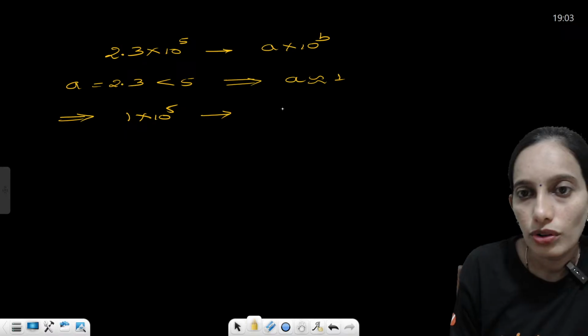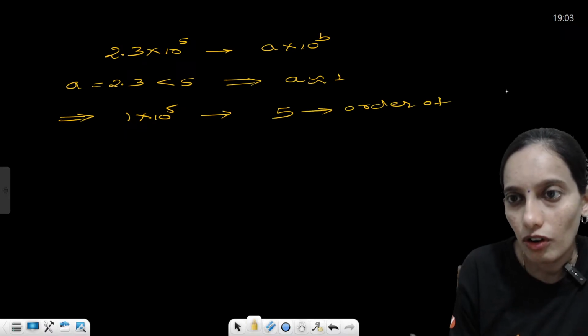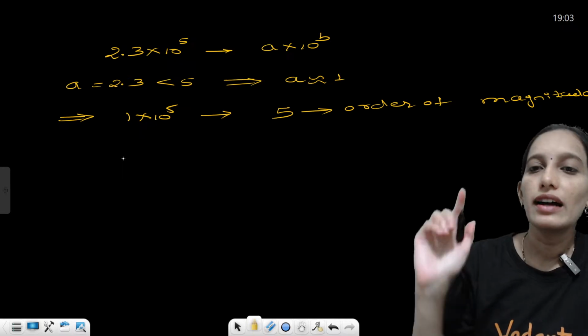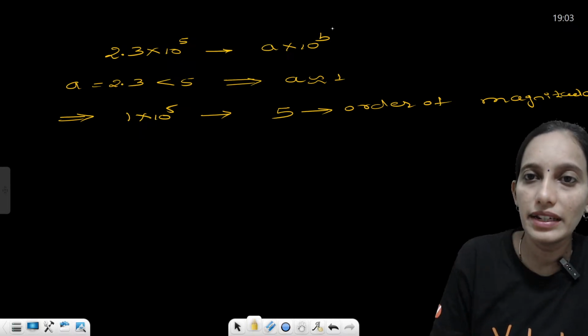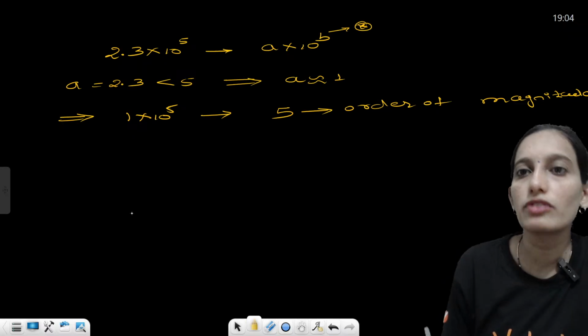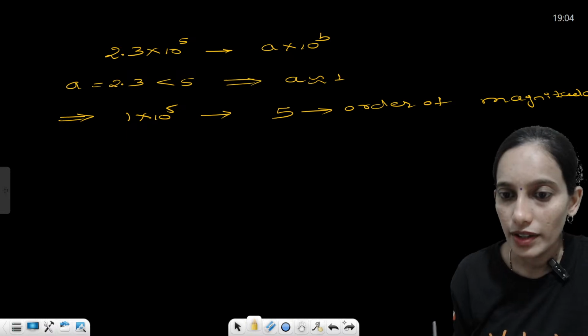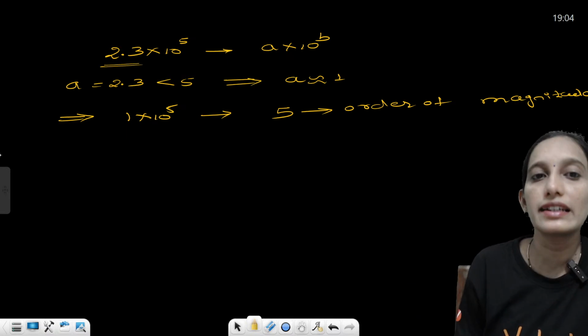So 5 will be the order of magnitude. So if the magnitude is less than 5, the b that is there will itself be your order of magnitude.